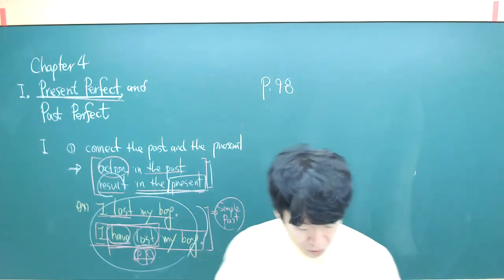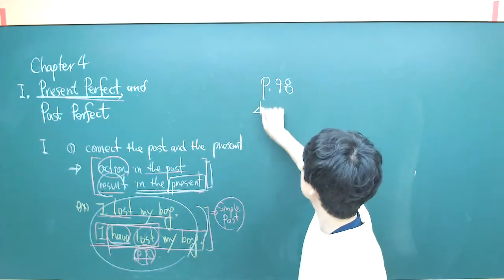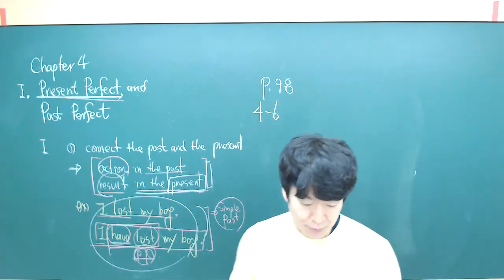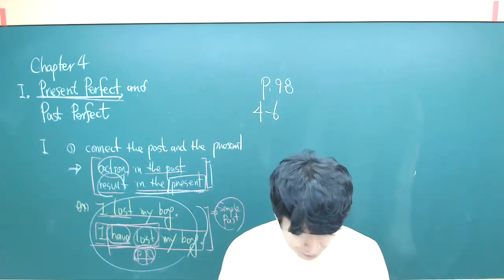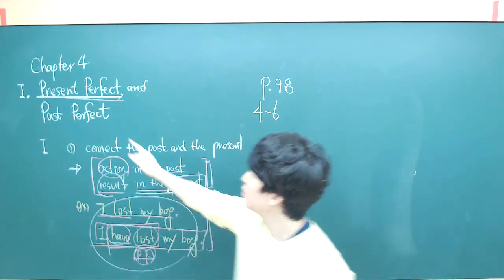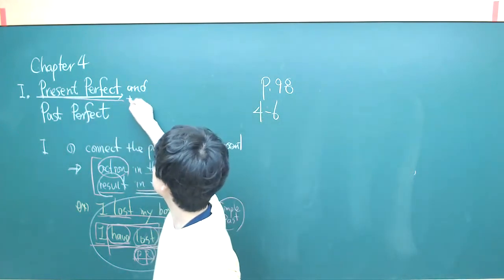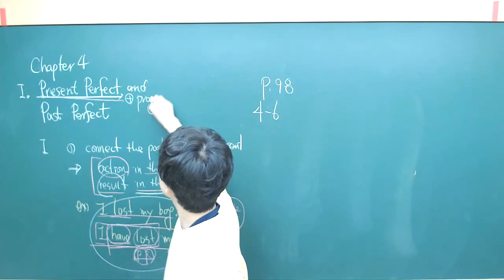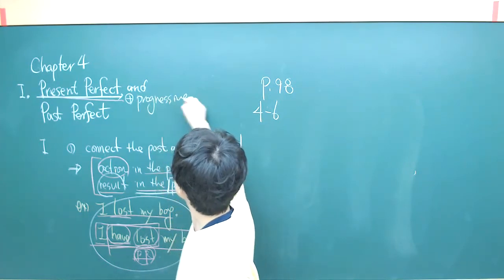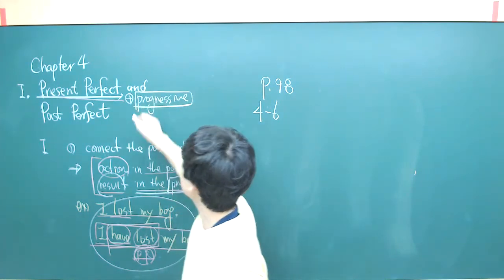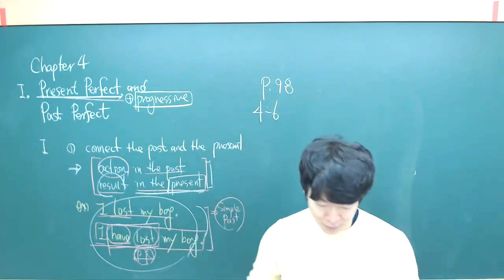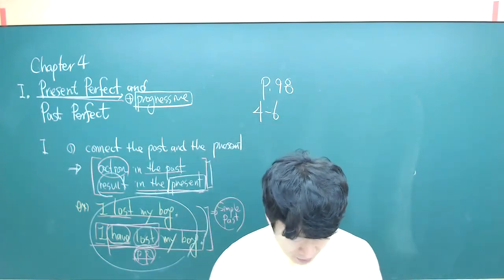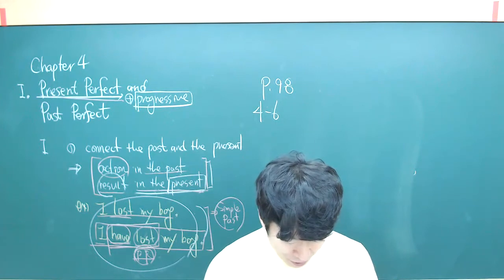There is 4-6. Present perfect progressive. Oh, present perfect plus progressive. Right now, progressive, in progress. Let's look at the picture.